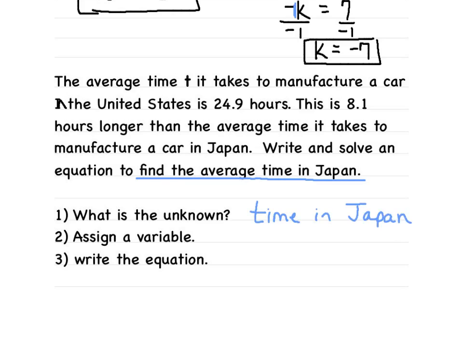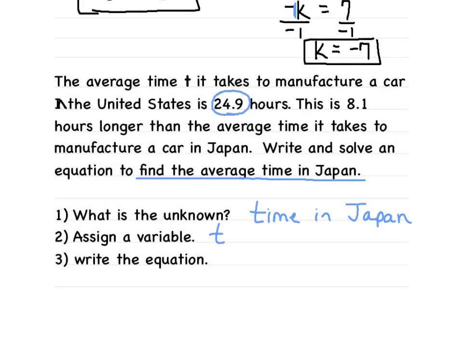We're going to assign a variable. Let's assign it T. And let's write the equation. The average time it takes to manufacture a car in the United States is 24.9 hours.